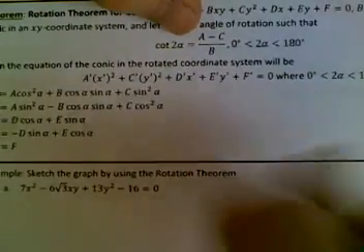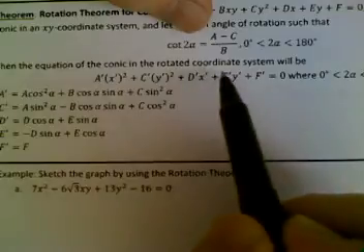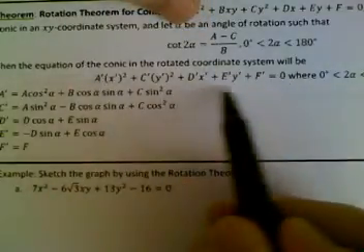Now, the equation of the conic in the rotated coordinate system will be this.